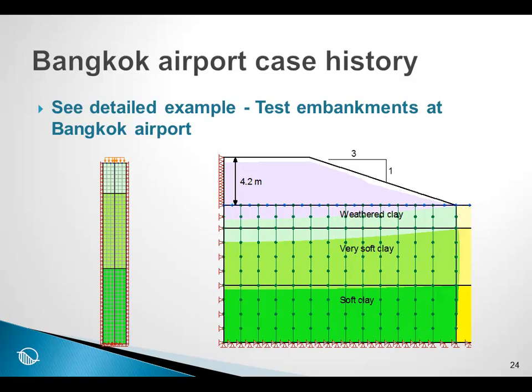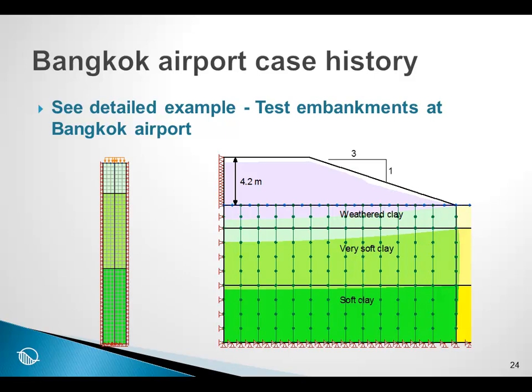In the end, if you want to go to a more sophisticated analysis and use interface elements, you can certainly do that, but you will get an extremely good idea of the behavior of the wick drains and their effect on timing of consolidation by simply using a head boundary condition to simulate the effect of the wick drains.